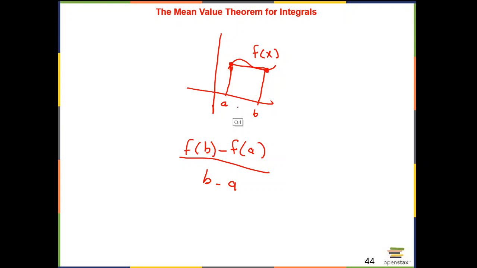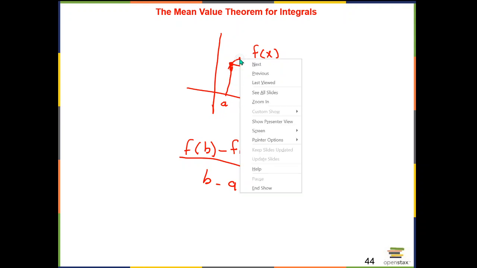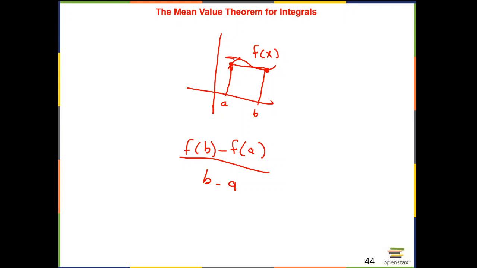Right? So the mean value theorem for differentiation says there has to be at least one number between a and b where the instantaneous rate of change, which is the slope of the tangent line, is the same as the slope of the secant line.